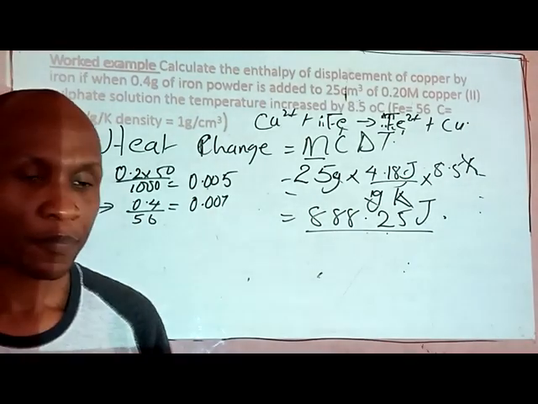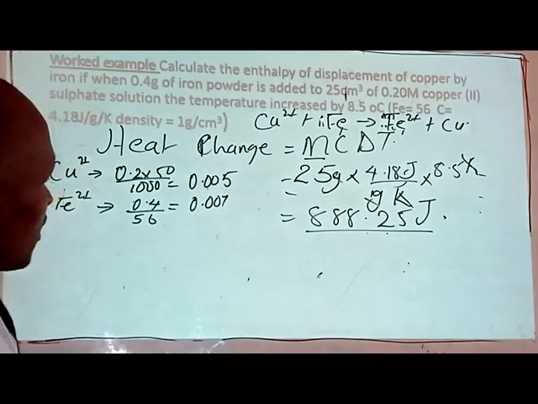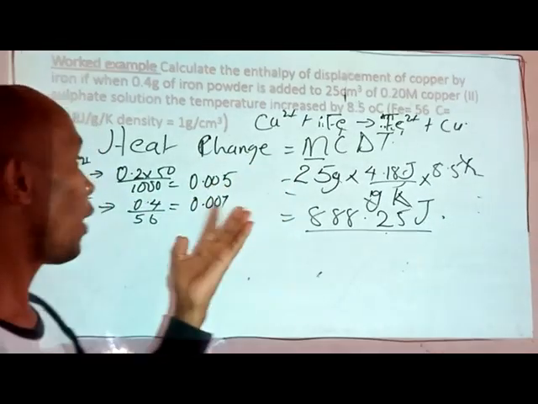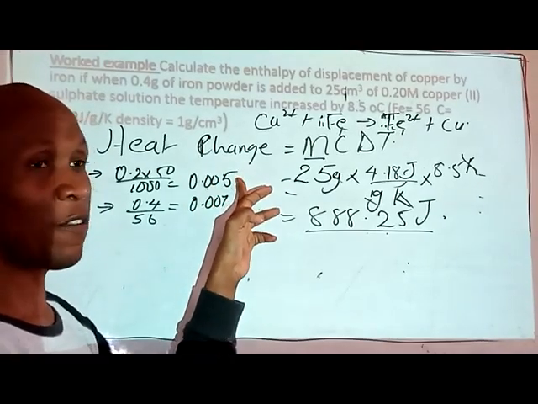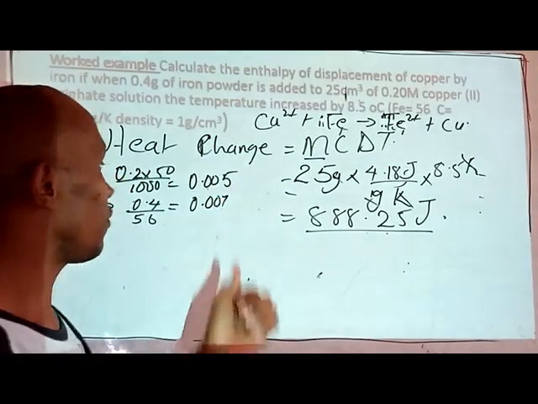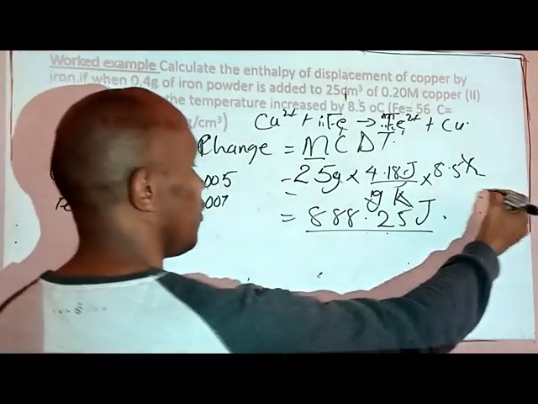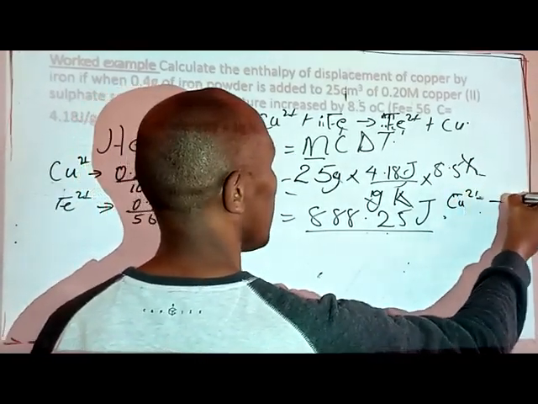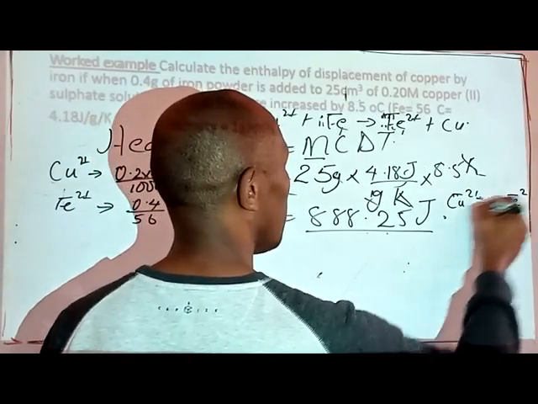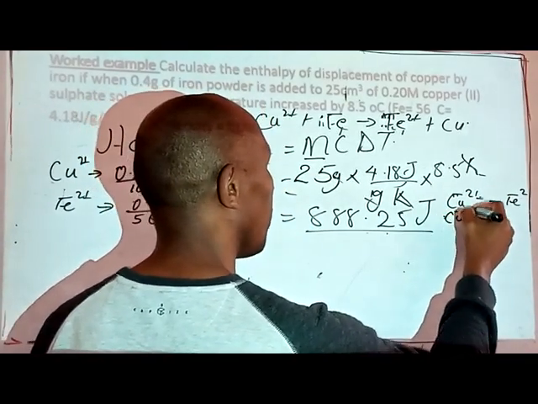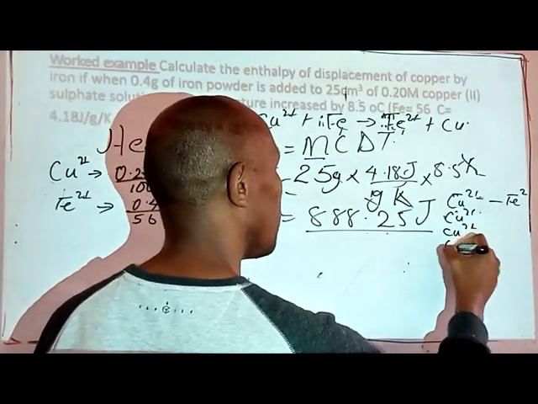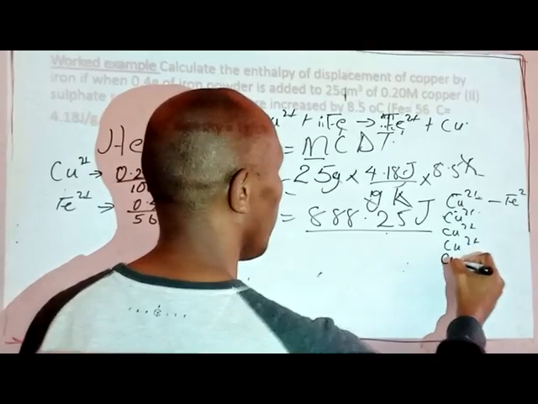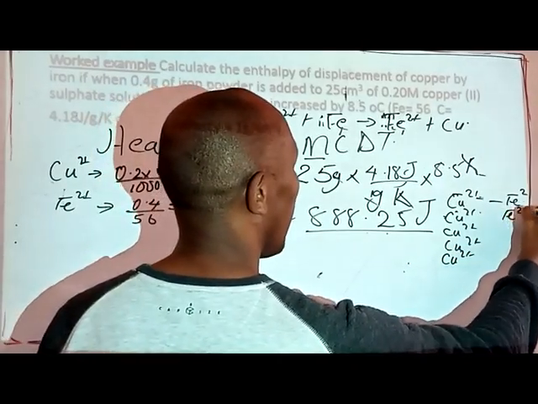Okay, so which of these substances is in excess? The ratio should have been 1 to 1, so we should have 0.005 of that and 0.005 of that. If I take it literally, there are 5 copper 2 plus, and how many iron?